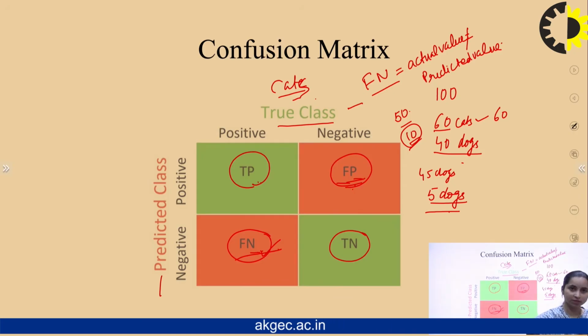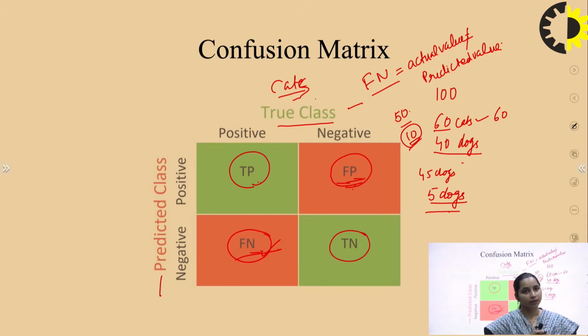Then since the object is there but our classifier is not identifying that object, that means the positive value is there. Actually the positive value is there, but the classifier is not predicting it as positive. That means it is falsely saying that the positive value is not there.